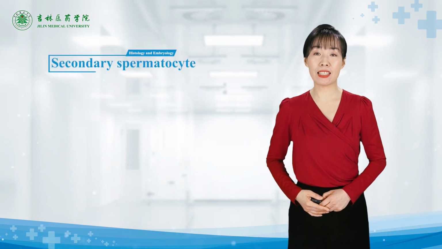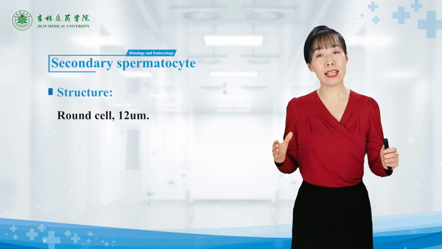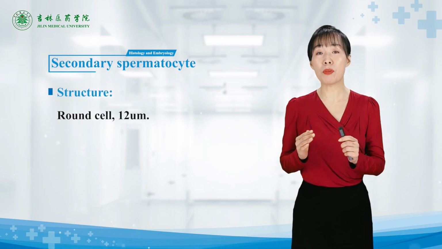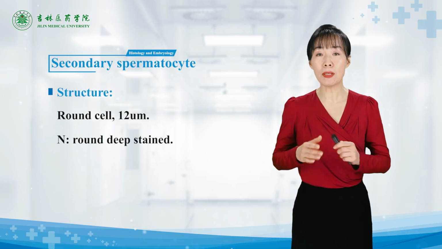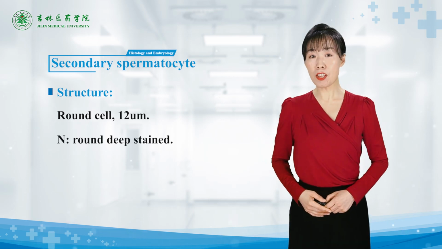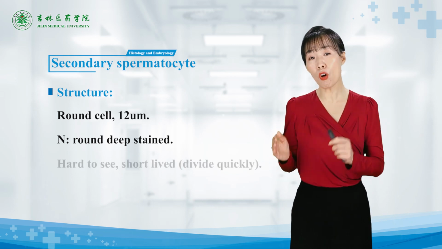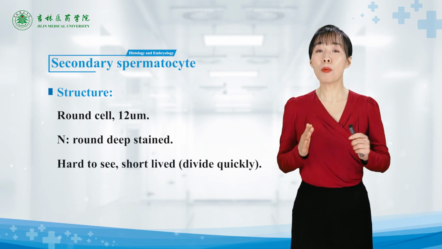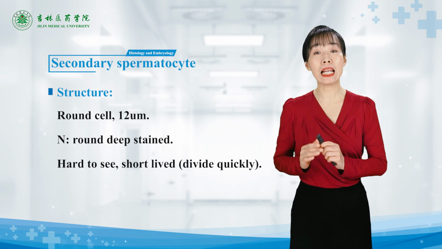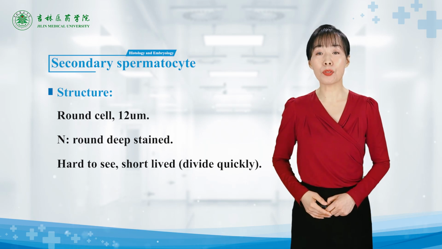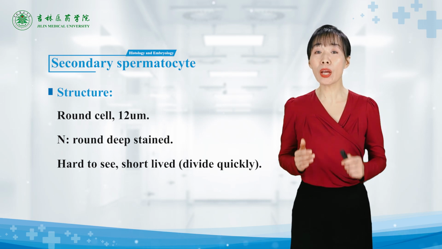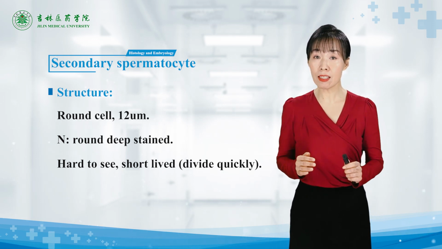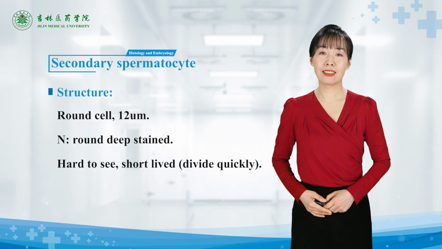Secondary spermatocyte. They are round cells, 12 micrometers in diameter. Nucleus is round, deeply stained. Secondary spermatocytes are difficult to observe in section because they are short-lived cells that remain in interphase very briefly and quickly enter into the second meiotic division.